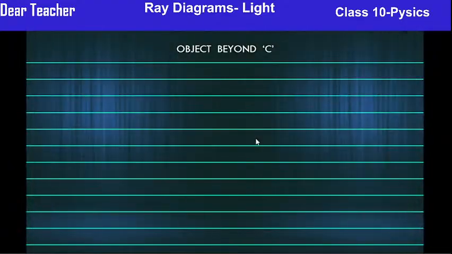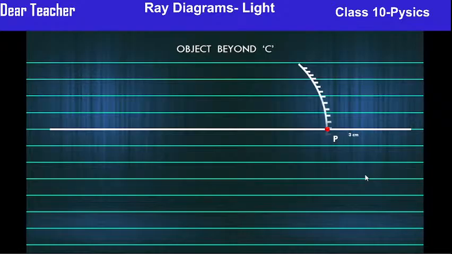Now let us understand the ray diagrams with respect to the concave mirror. So the object is beyond C. I told you you have to make all these things first, center of curvature, and then put the object.